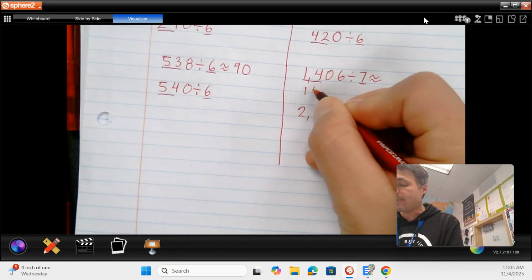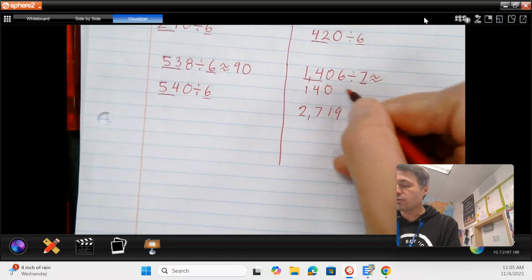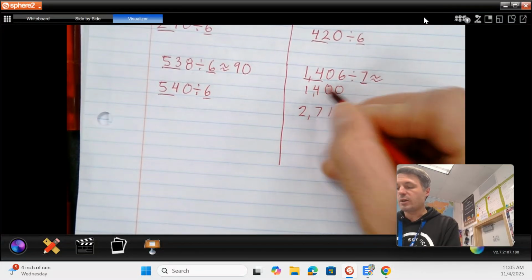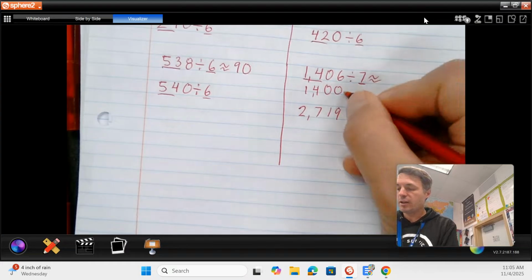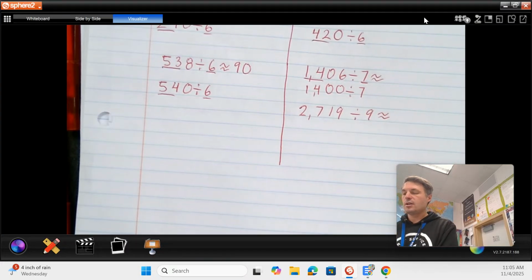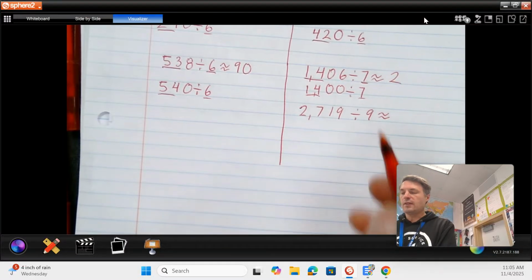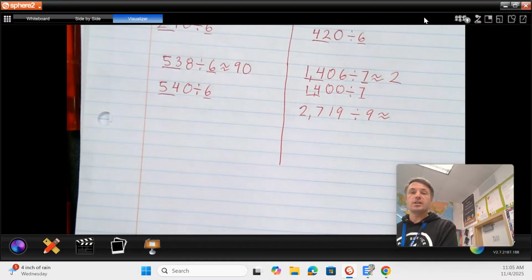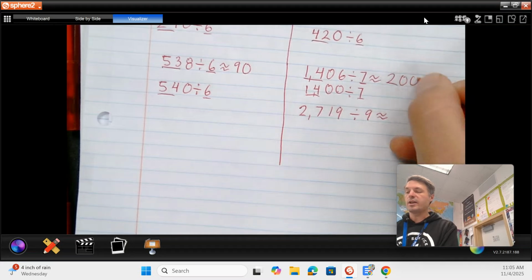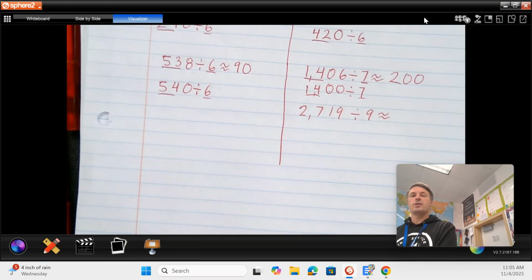So we're going to keep that part the same, and everything to the right becomes a 0. So now we have 1,400 divided by 7, and 14 divided by 7 is 2. And then there's 2 zeros in the dividend that we add to the right of the quotient. So 1,406 divided by 7 is about 200.